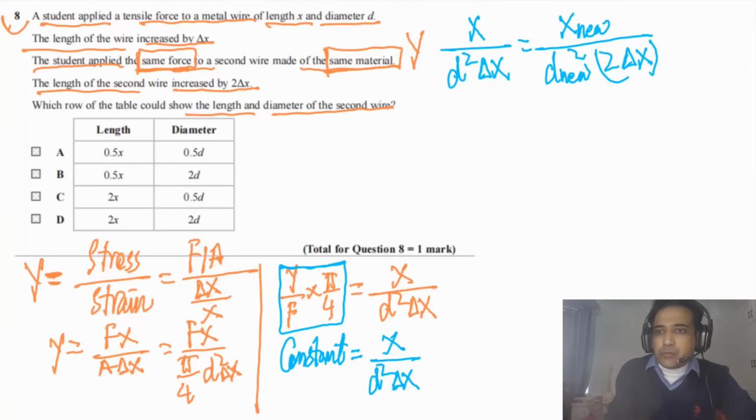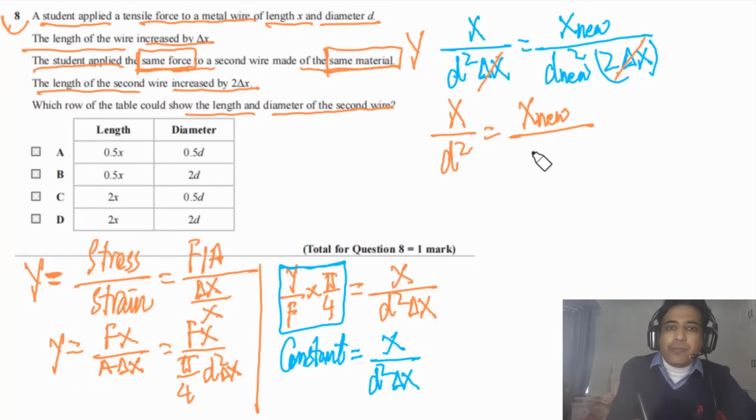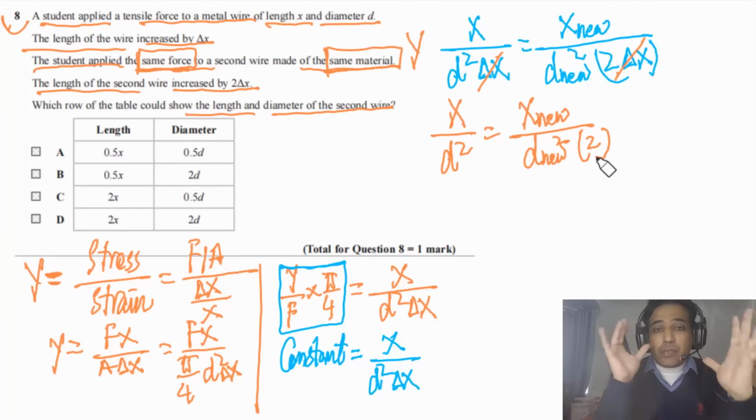Now from here we can cancel out this delta x with this delta x, so we are left with x over d square equal to x new over d new square times 2. Now that's all. This is the end of this question.